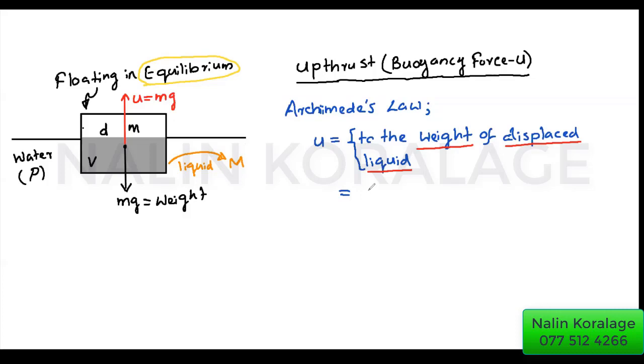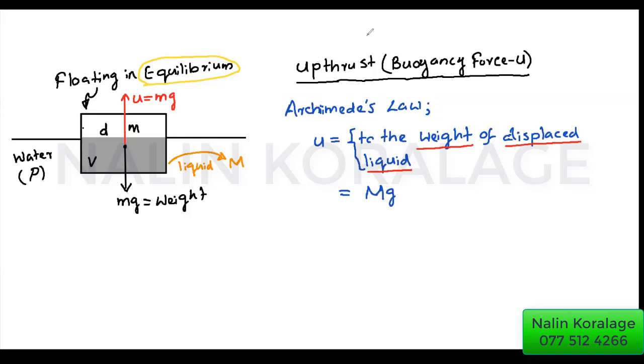So I take that mass capital M and multiply it by the acceleration due to gravity: the mass of the displaced liquid into g. Then one important point is that we have to replace mass using volume and density.